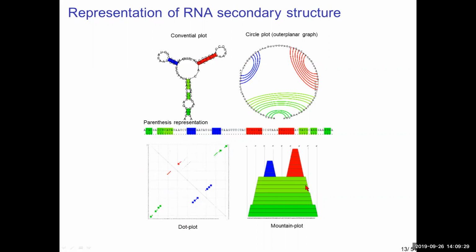Great. And then the last one is this mountain plot. In computer science, there are push and pop machines. You can push, push, push, push, push, push, push, push, pop, pop, pop, push, push, push, pop, pop, pop, and then pop, pop, pop, pop, pop. That tells you that I'm starting a loop here, and I'm only going to close it there. In the meantime, all of these opens and closes will happen here.